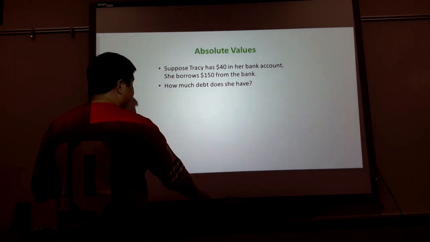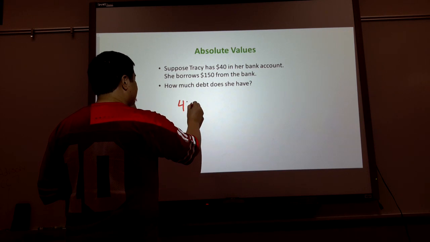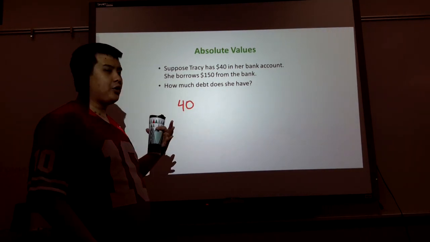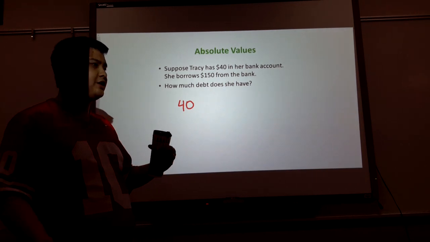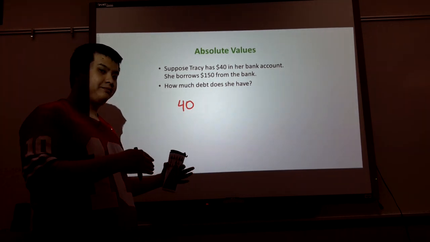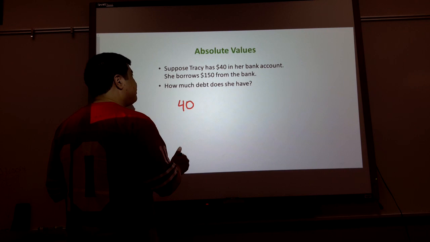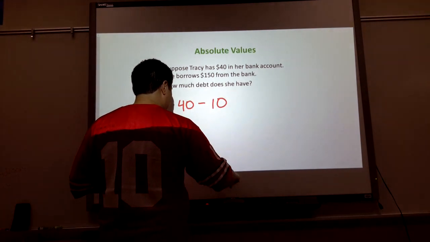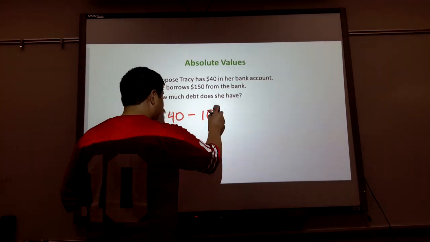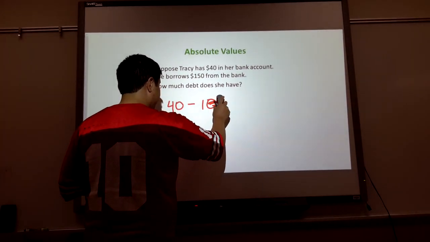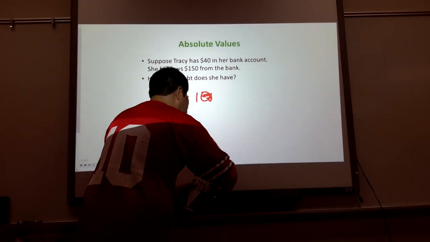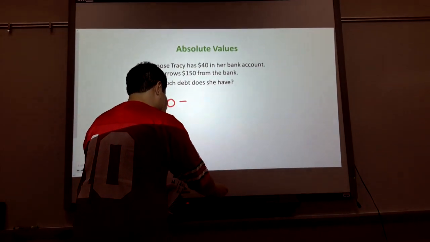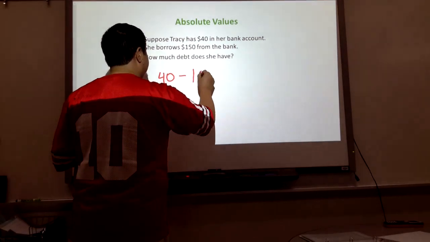So we have $40 that she initially has, so we start with the 40. Since she's borrowing $150, and we're trying to see how much she owes the bank, we're going to take away $150.